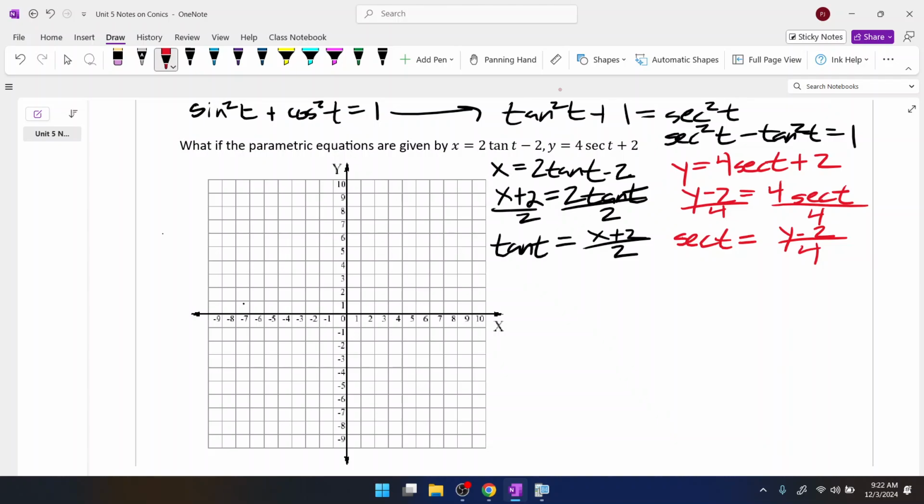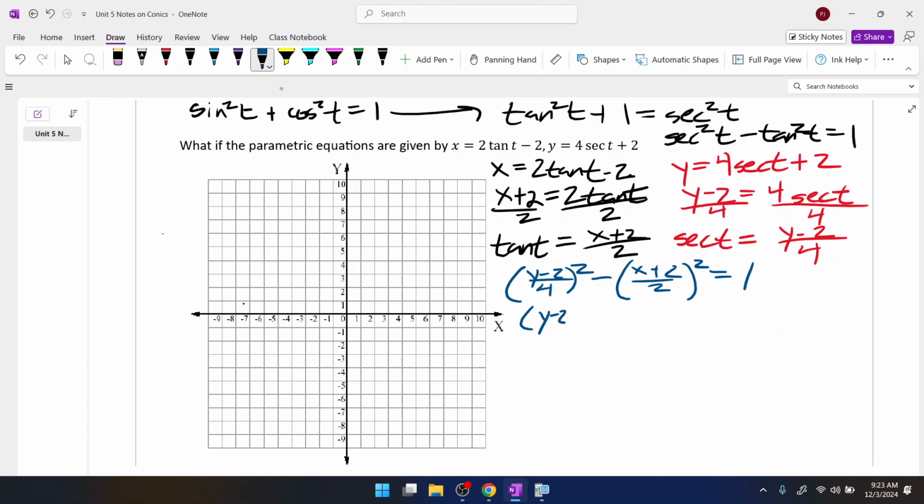Now, it's going to be secant squared t minus tan squared t equaling 1. So that's what we're going to get for this. So basically, secant squared t, you have y minus 2 over 4 quantity squared minus x plus 2 over 2 quantity squared equal to 1.